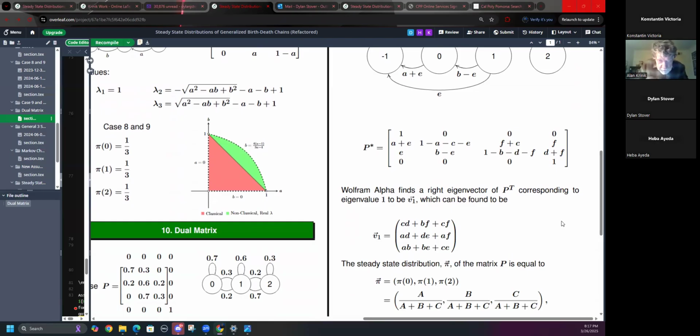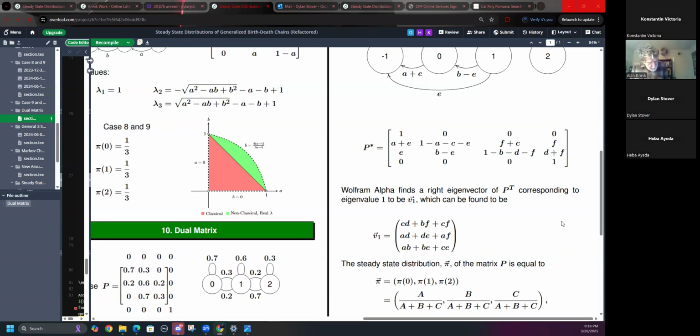If you take P transpose, which is a 3x3 matrix, and you find the eigenvector that corresponds to the eigenvalue of 1, 1 is still an eigenvalue, it turns out that Wolfram Alpha, for example, will tell you one such eigenvector is V1, which is written there in terms of all the 6 parameters, A, B, C, D, E, and F. Theoretically, it could be shown that you could form the steady state of the P matrix by taking the values of that eigenvector and normalizing it so that each of the entries becomes the denominator of a fraction, and the numerator is still one of those A, B, and C's. And that's giving you the steady state of the original matrix.